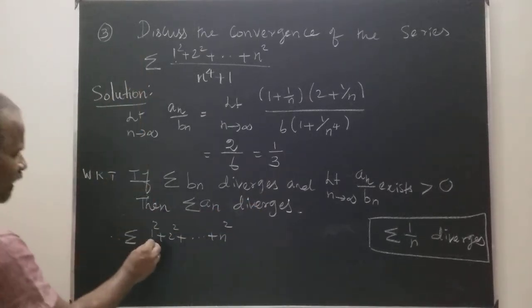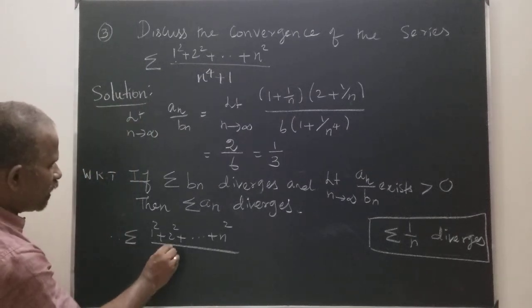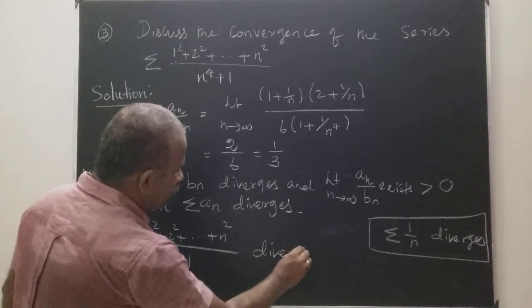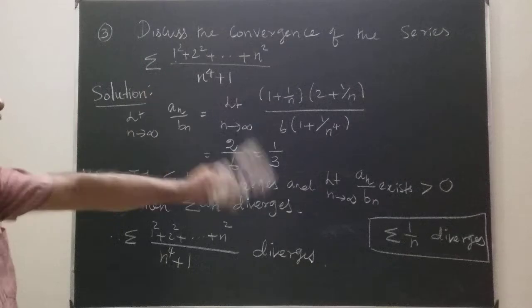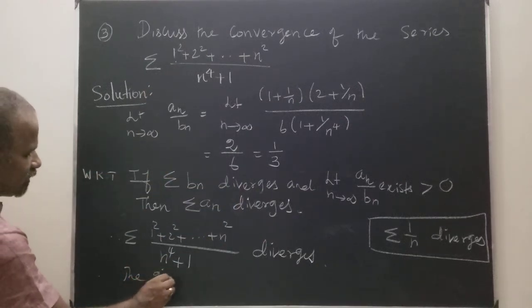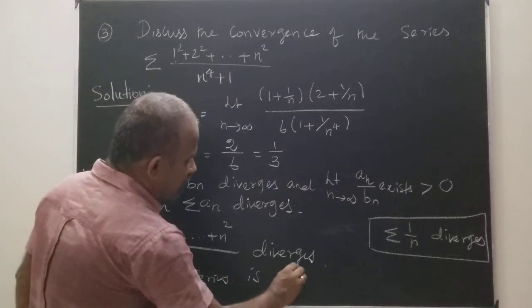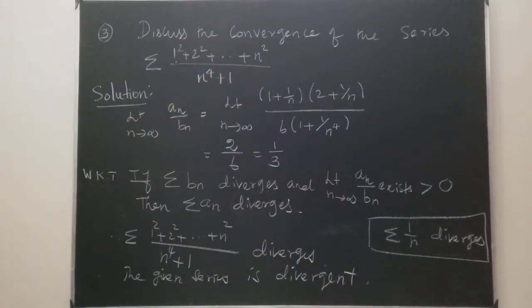Therefore what is sigma an? Sigma (1 square plus 2 square plus n square) divided by (n power 4 plus 1) diverges. Therefore the series is a divergent series. Therefore the given series is divergent. Thank you.